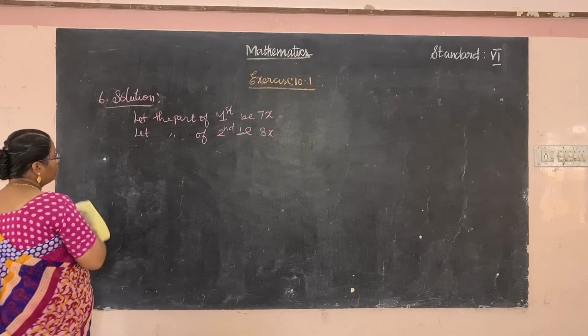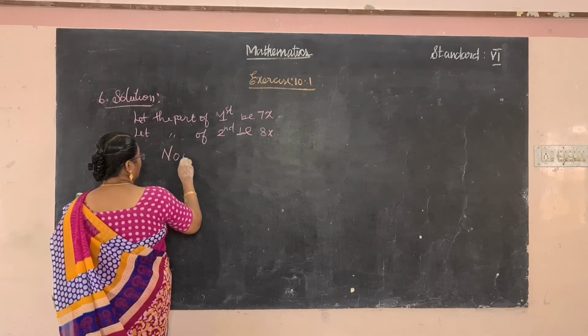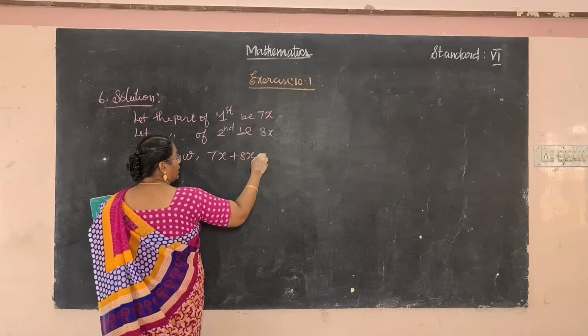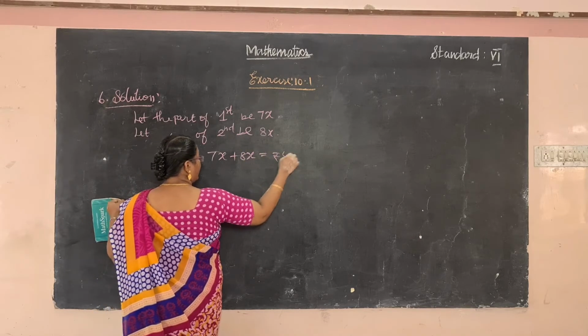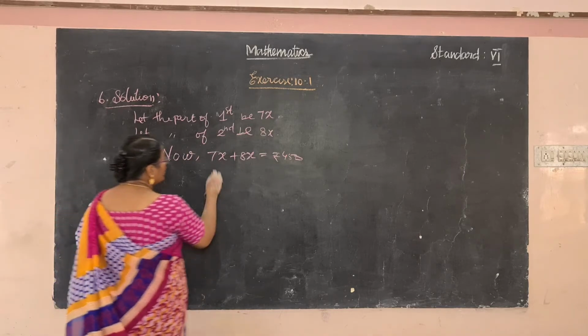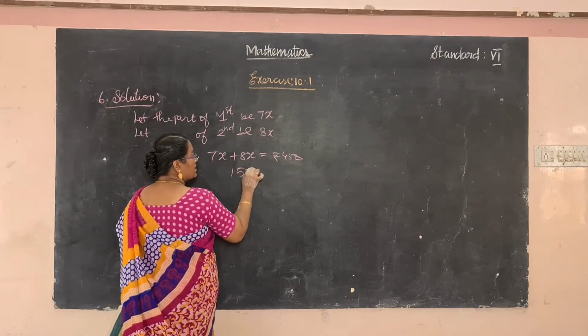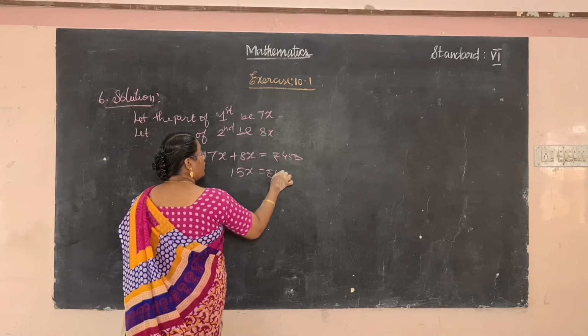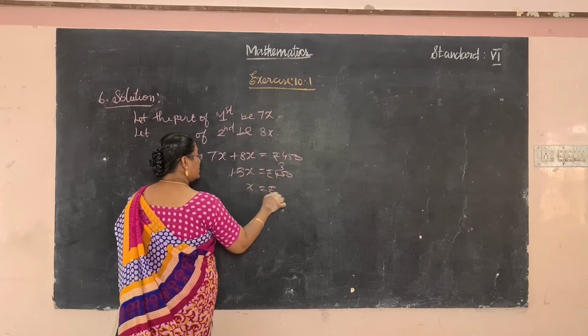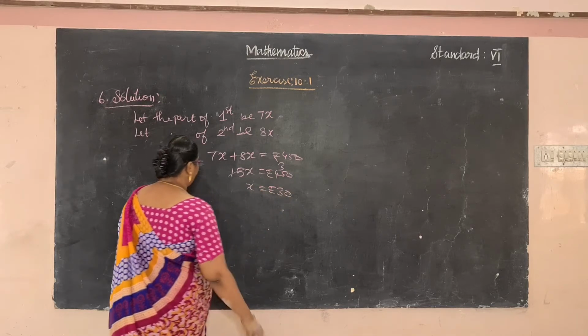Okay, so now add these values. The whole amount is 450. So adding these values, 15x is equal to rupees 450. So x is equal to rupees 30.